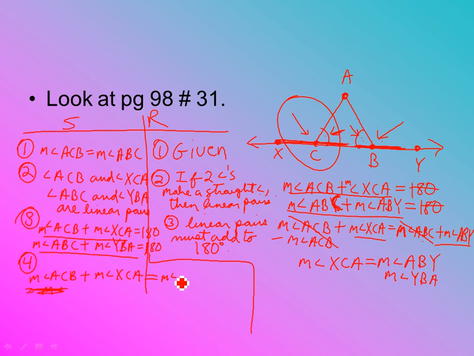Measure of angle ABC plus the measure of angle YBA. Sort of ugly here on my two-column proof. And the way I knew that was I just used substitution property.